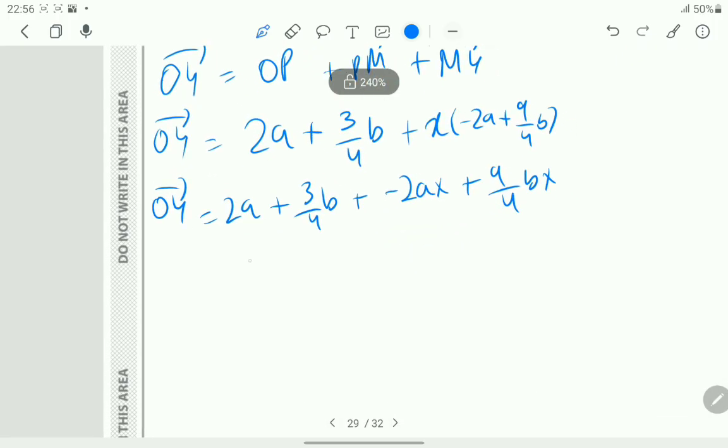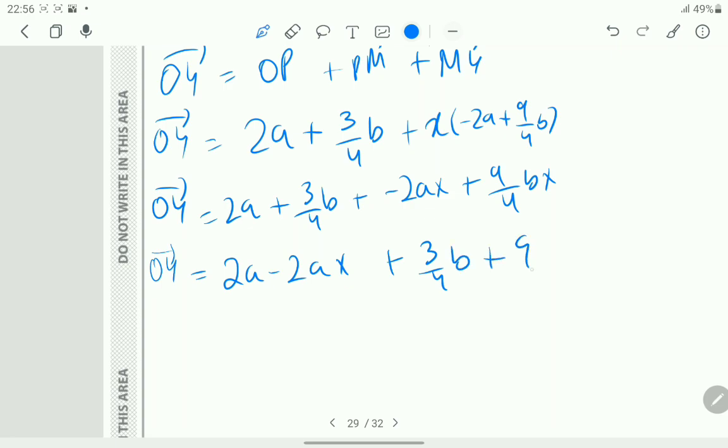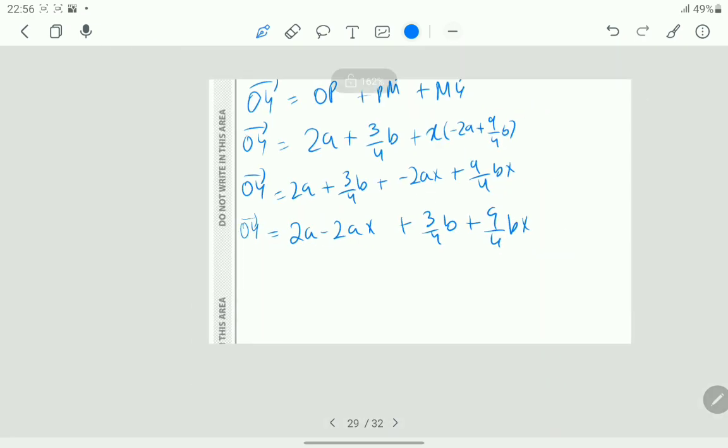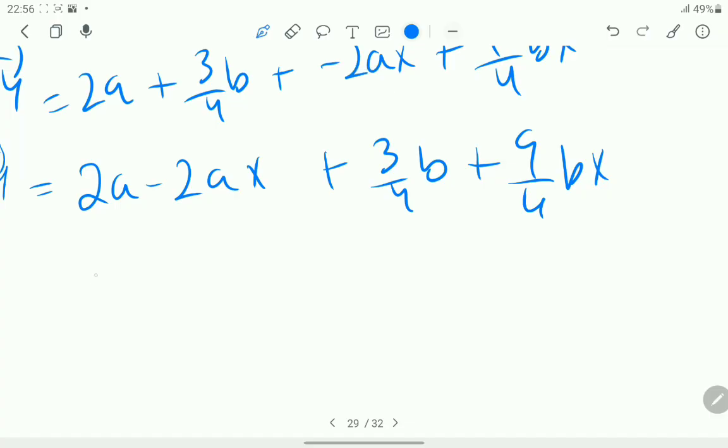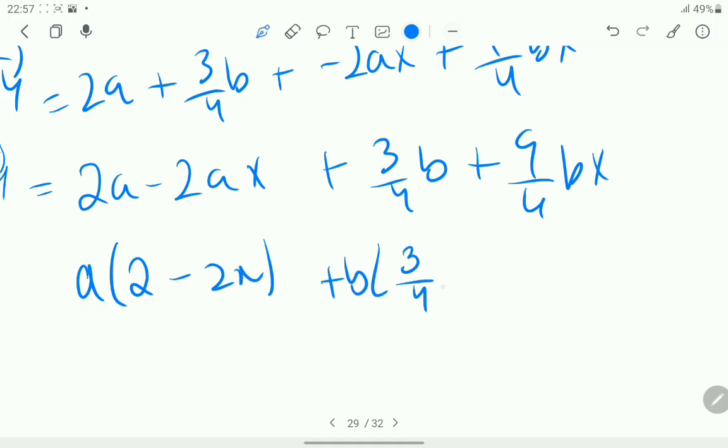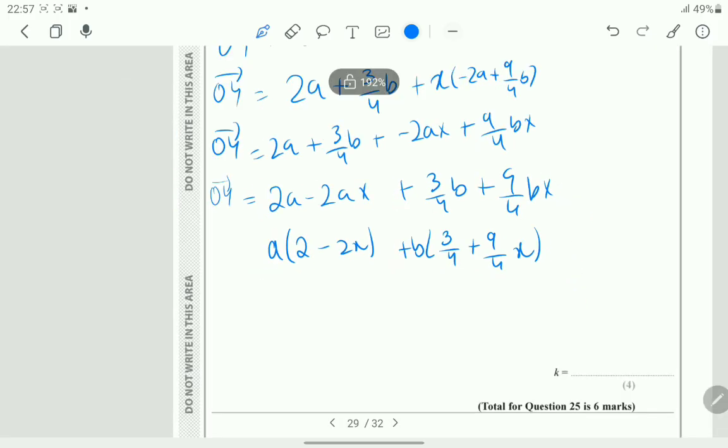Now taking the terms with a and b common and factorizing, we get 2a minus 2ax plus 3/4 b plus 9/4 bx, and we get a common, 2 minus 2x, and we get b common, 3/4 plus 9/4 x.